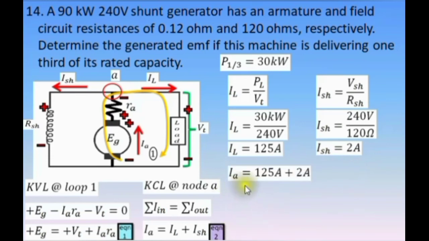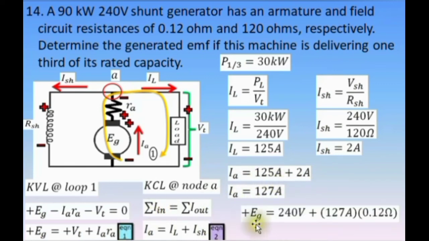IA or armature current equals 125 amperes plus 2 amperes. The value is 127 amperes. Now that we have the value for the armature current, let's substitute it to equation number 1. Generated EMF equals 240 volts plus 127 amperes times 0.12 ohm. The value is 255.24 volts.